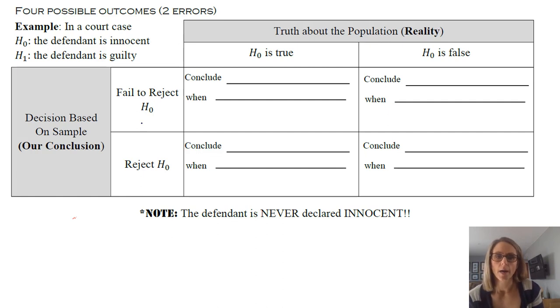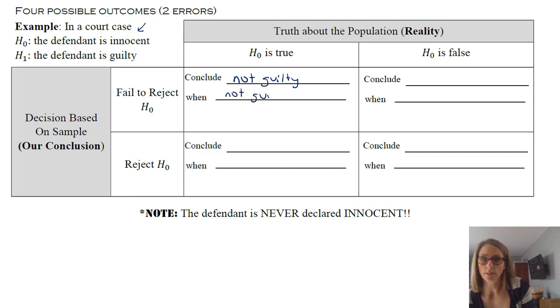So let's think about, say, the first one here. If we fail to reject the null, so that means we do not reject that the defendant is innocent. Okay? If that is actually true, we're going to conclude, given a court case, that the person is not guilty, when in fact they are not guilty. That is what we would call the correct decision.